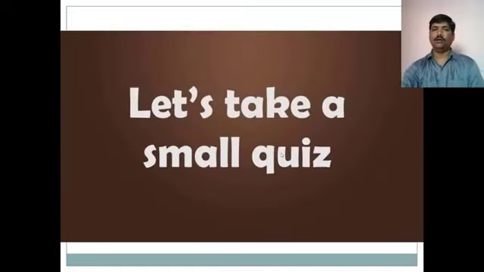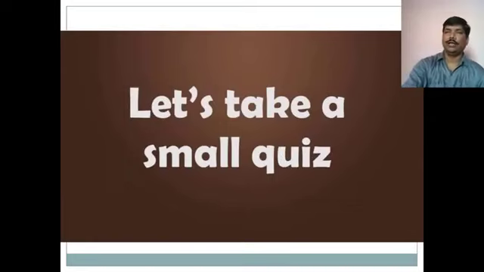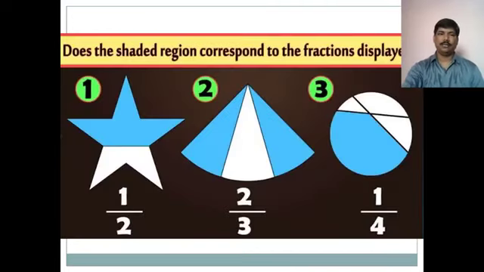Now, as you have learned about fractions, we will take a small quiz. Does the shaded region correspond to the fraction displayed? Here the whole star is one thing and this is the shaded region.